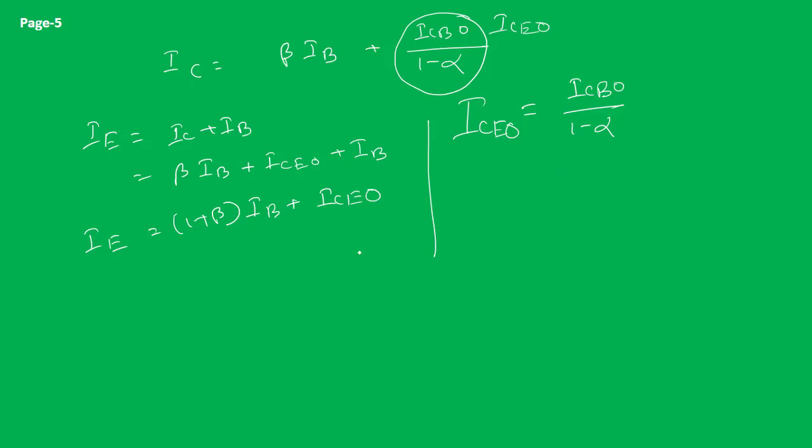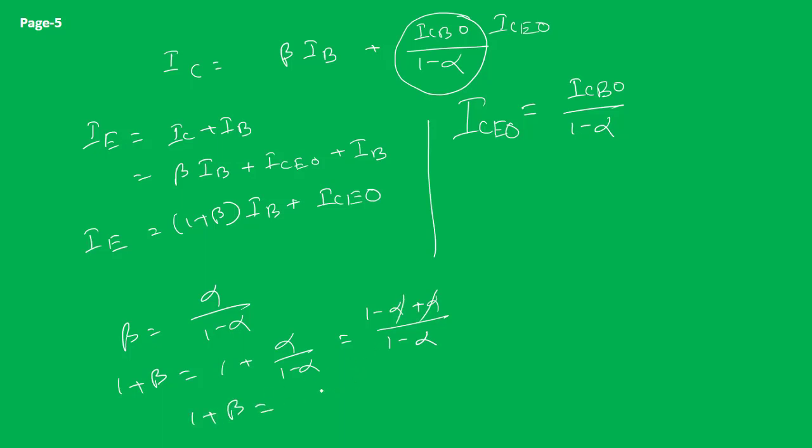Now beta is equal to alpha divided by 1 minus alpha, so we can write 1 plus beta is equal to 1 plus alpha by 1 minus alpha. We can write it as 1 minus alpha plus alpha divided by 1 minus alpha. The alpha gets cancelled, so 1 plus beta is equal to 1 by 1 minus alpha.